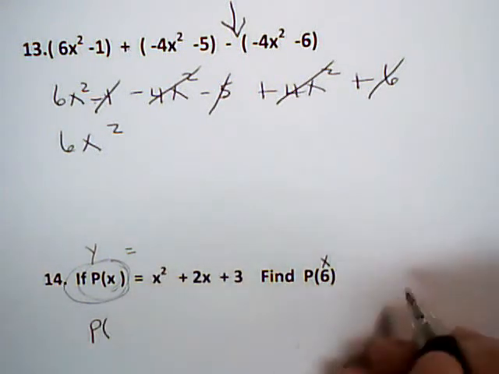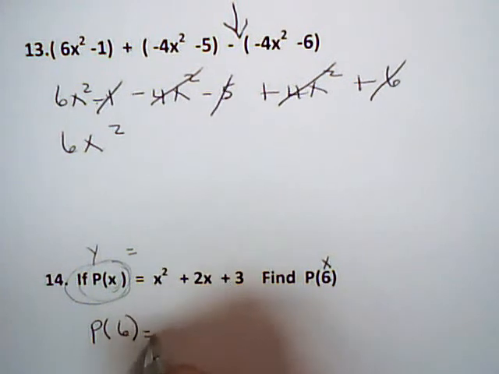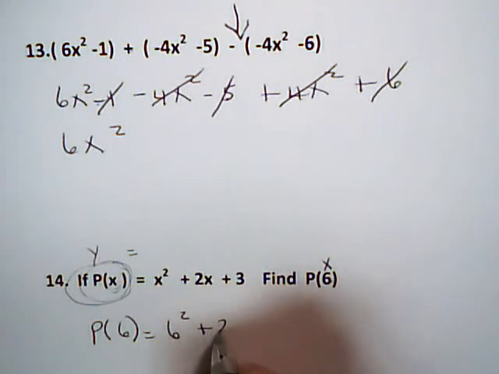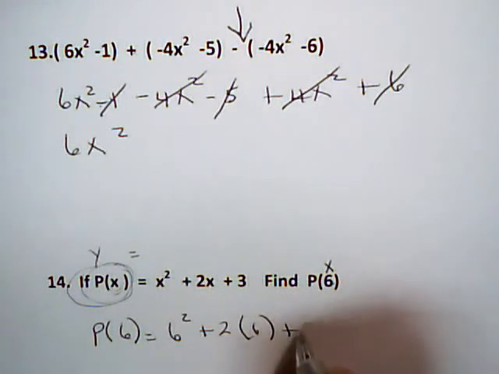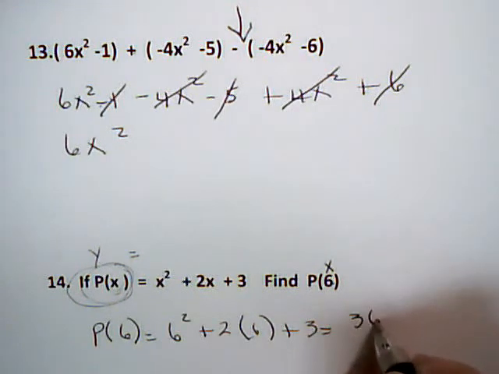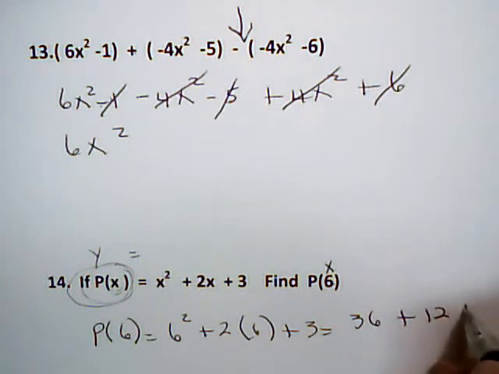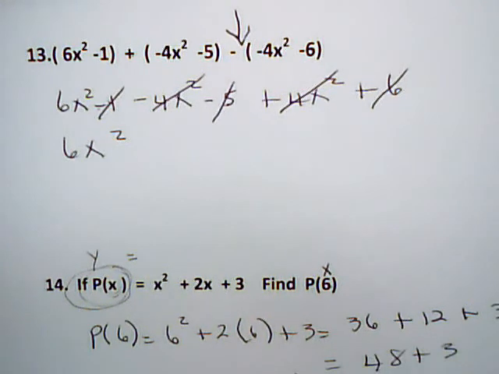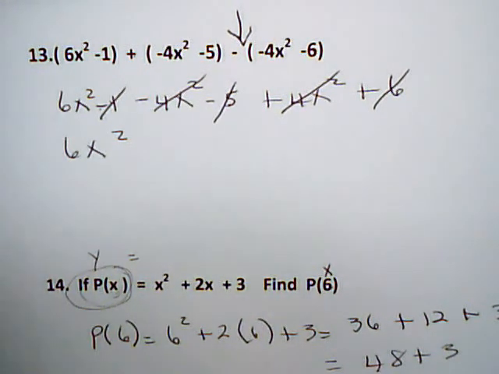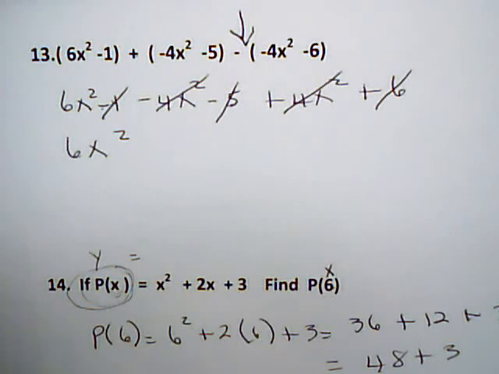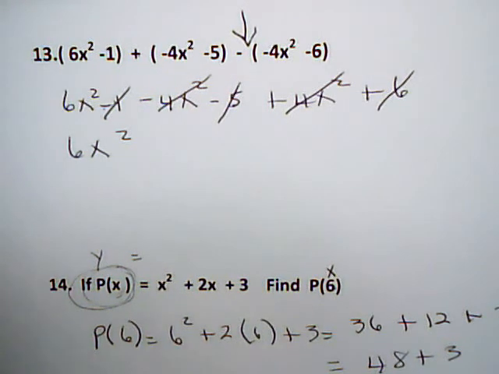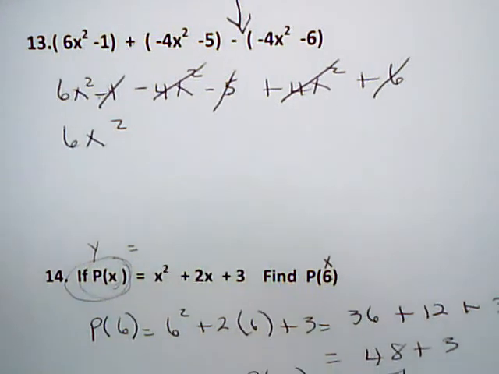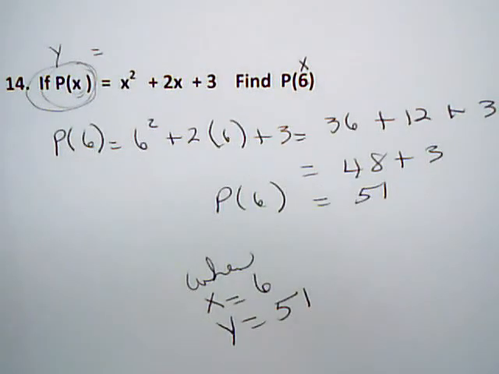So they're saying, okay, if I let x be 6 and I substitute in for every x, what do I get? I have 36 plus 12 plus 3, which is 48 plus 3, which is 51. Now that's P of 6. Now class, what that's really telling you is that when x equals 6, y equals 51. That's exactly what we're saying there.